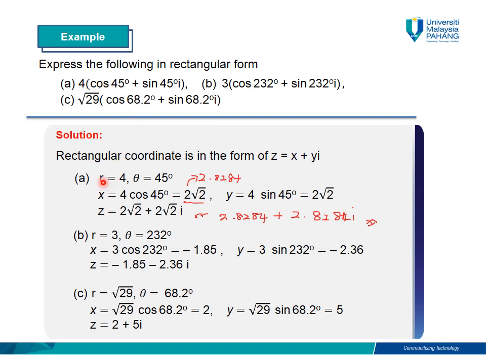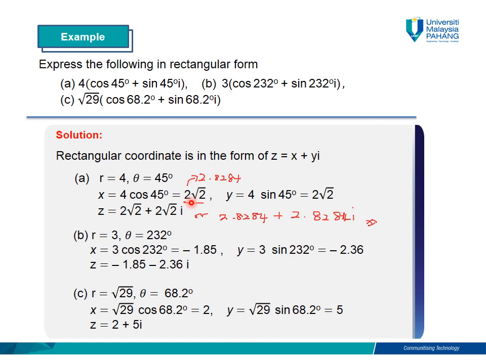So r, we know that the first number here represents r, so r equal to 4, theta is here 45 degrees. Okay, so x, we know that x equal to r cos theta and y equal to r sin theta. Okay, just calculate using the calculator.